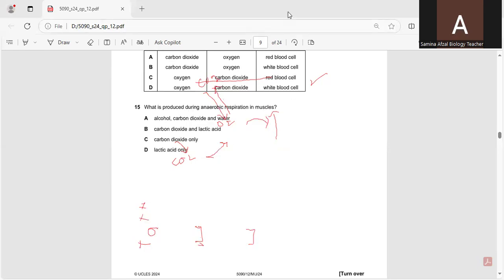Question number 15. What is produced during anaerobic respiration in muscle? When our muscles respire anaerobically, lactic acid is produced, which is deposited in the muscles.